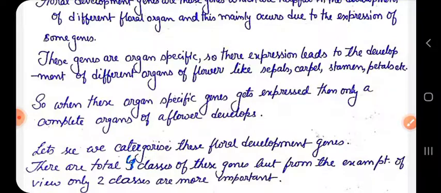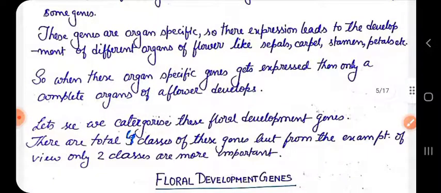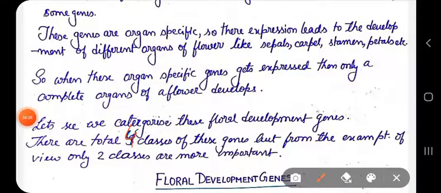So when these organ specific genes get expressed, only then will a complete organ of a flower develop. Now let us see the flower development genes. There are mainly four classes of flower development genes, which are again further divided into many classes.